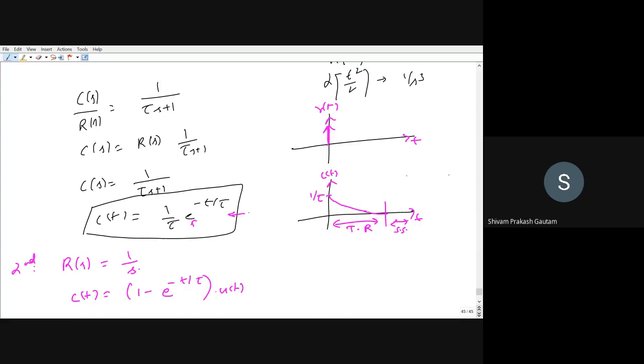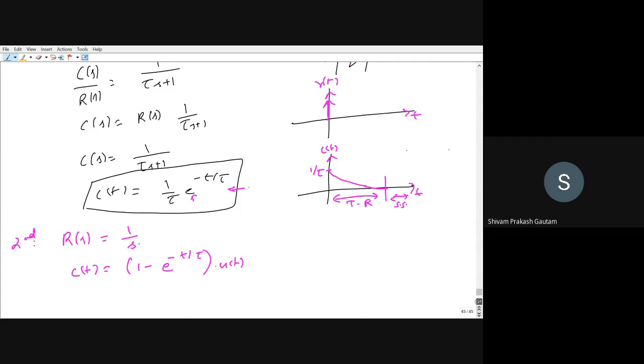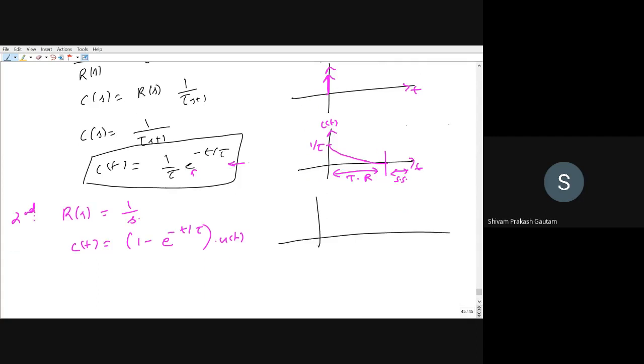If I wanted to plot both input and output, suppose this is my r of t, that is the input in time, this is one magnitude, this is our input function. What will be the corresponding response?